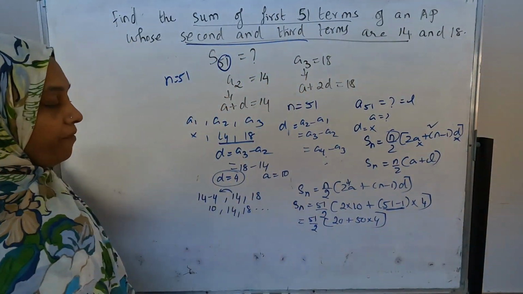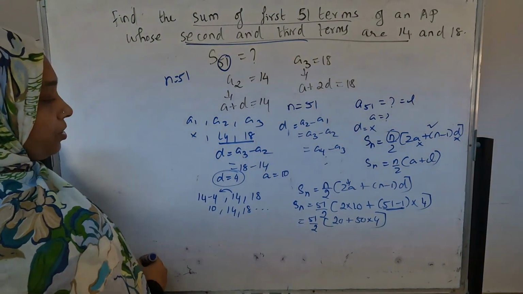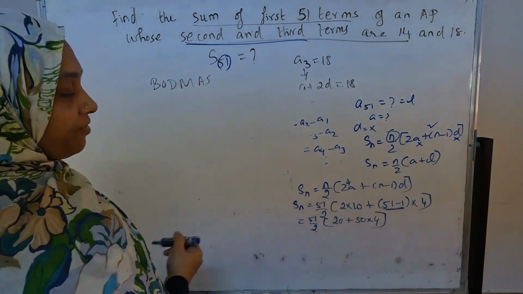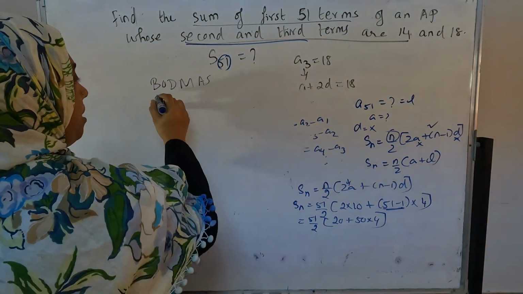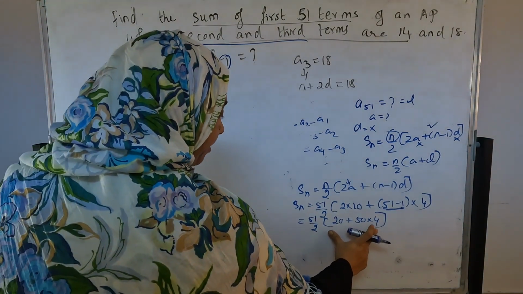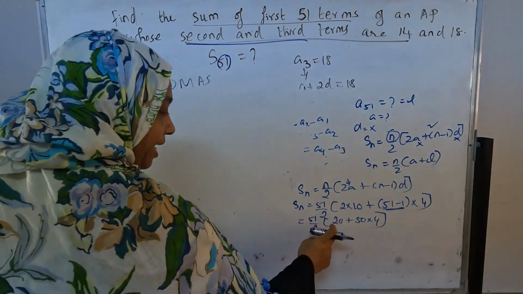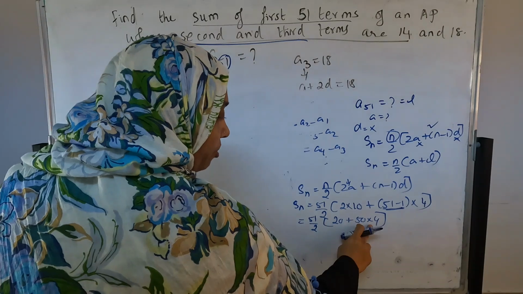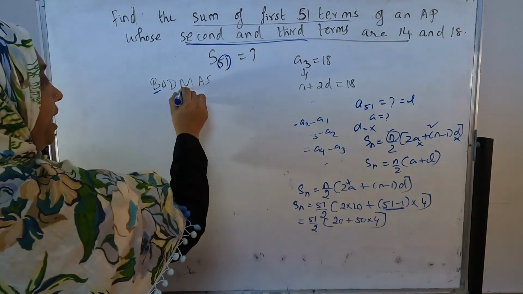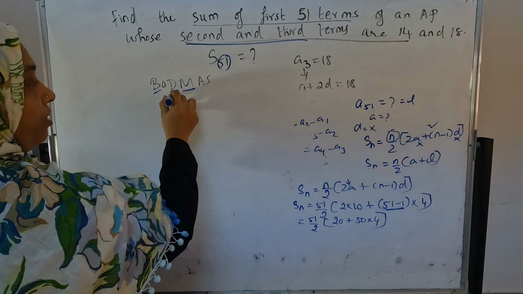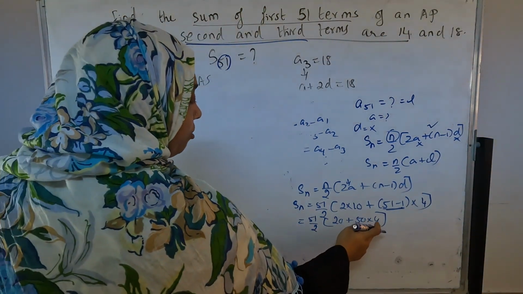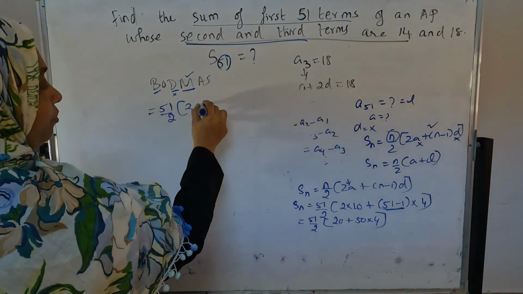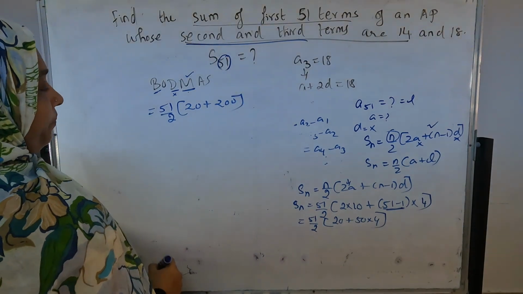Use BODMAS. First give preference to the bracket. Inside the bracket we have plus and multiplication. Which gets first preference, multiplication or division? Division is not here, so multiplication first. So 51 by 2, 20 plus 4 fives are 20, 200.